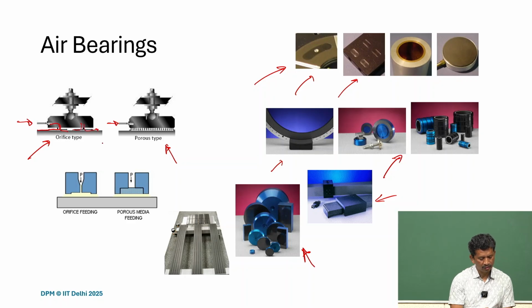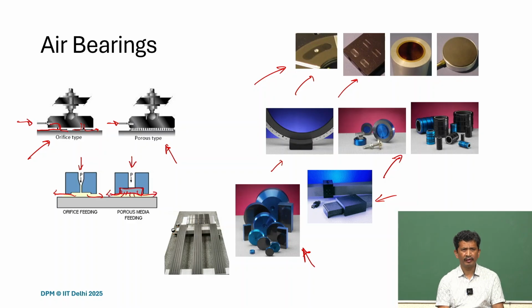It just goes in, and then for instance here you can see, it just bleeds through the bearing surfaces to the atmospheric pressure. And in the porous one, it passes through a porous media, and then it will simply pass through the bearing surface again.